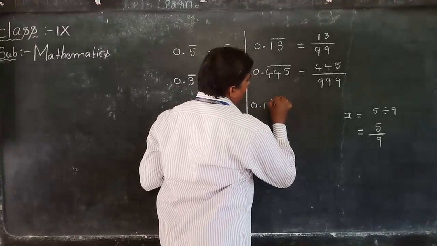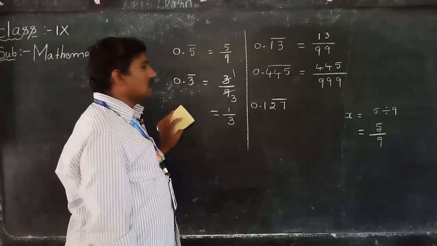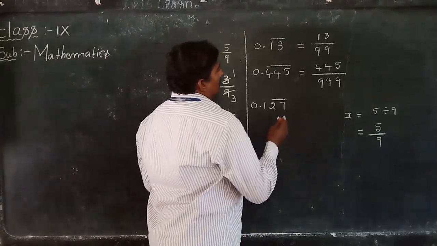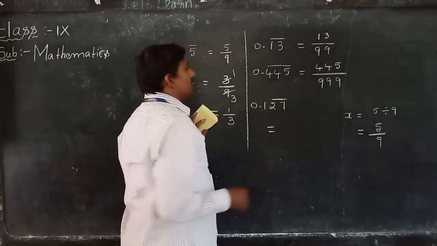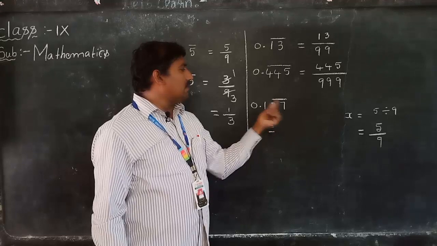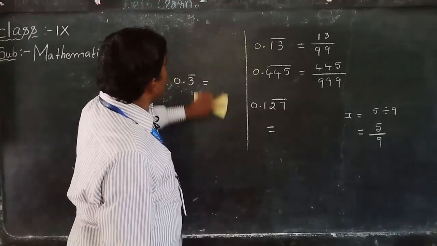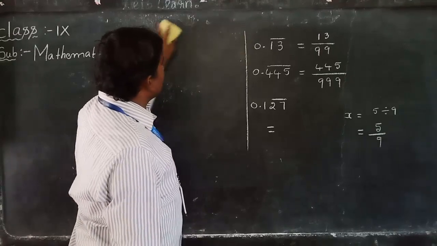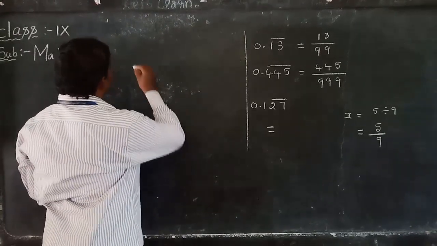0.127 bar, with 27 under the bar. See here what we will do? Here it will be a little bit different. First of all we will convert using that method, and after that I will tell you the shortcut.